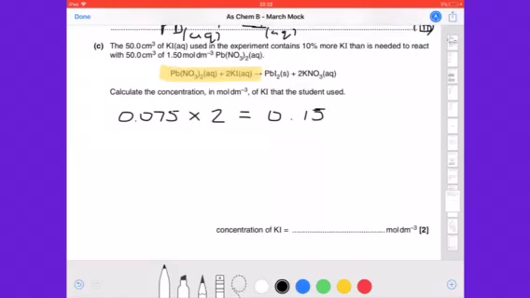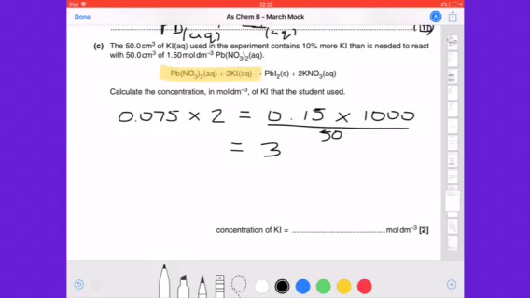Once we've got the moles to be 0.15, we do moles times 1,000 divided by volume, which is 50, and that gives you an answer of 3.